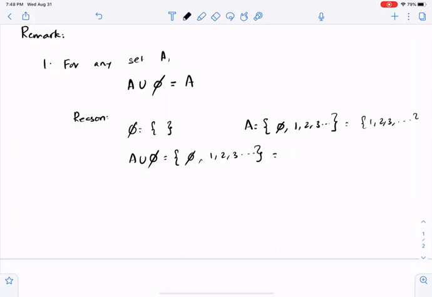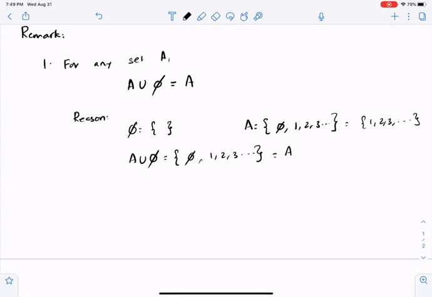Writing it as 1, 2, 3, comma empty set, it's the same as saying 1, 2, 3. It is implied that every set will contain the empty set. So if I have A union empty set, I'm going to get the set back. But writing it as A, it's the same as saying A and containing the empty set, one and the same.